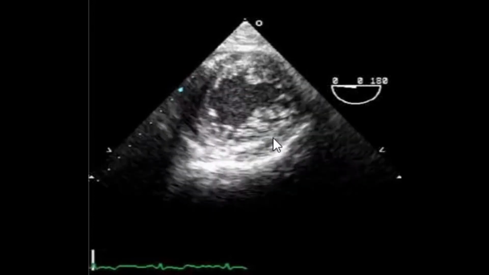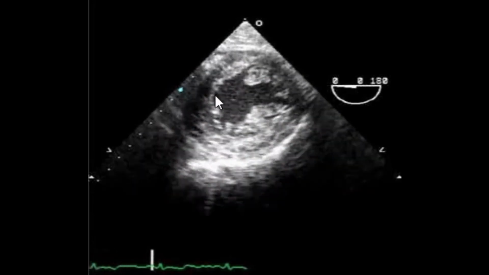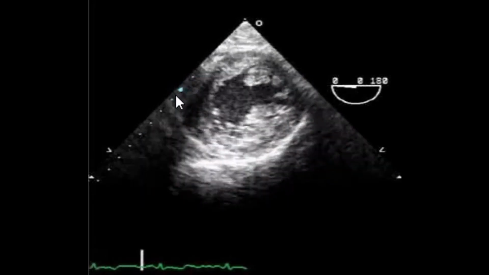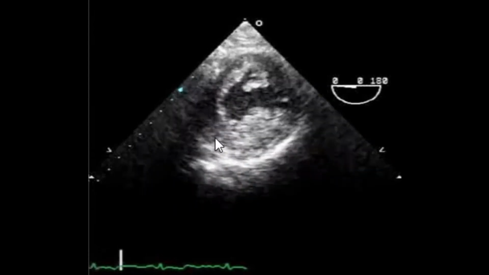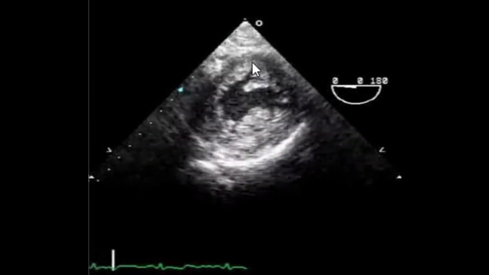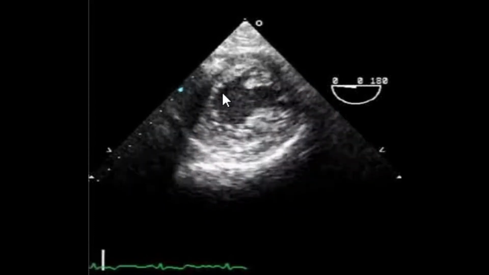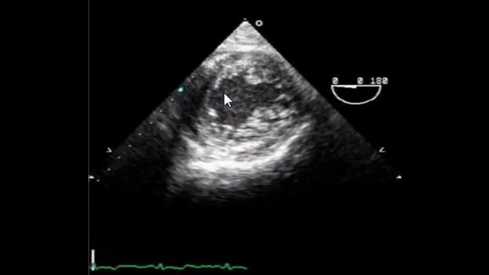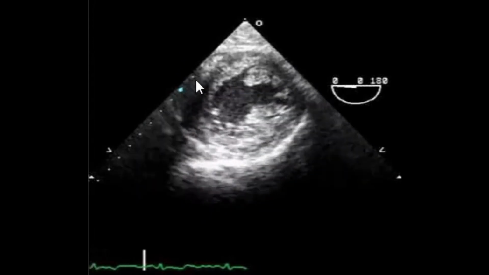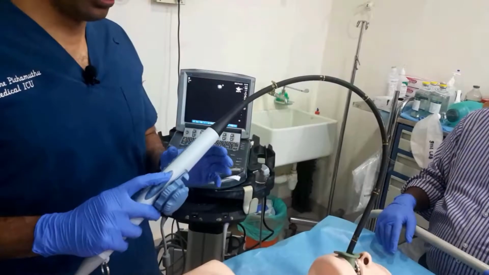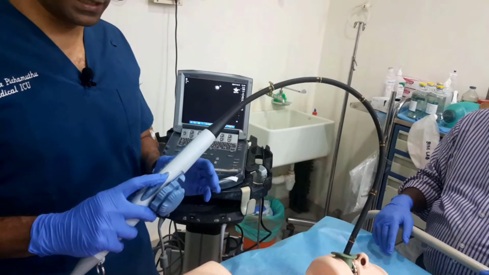That's the left ventricle there, the two papillary muscles, the septum, and you can see the small crescentic right ventricle. And this view is used to look at the size of the left ventricle and its function, to look for regional wall motion abnormalities, to look at the interventricular septal shifts and ventricular septal defects, and also to look at pericardial effusion.